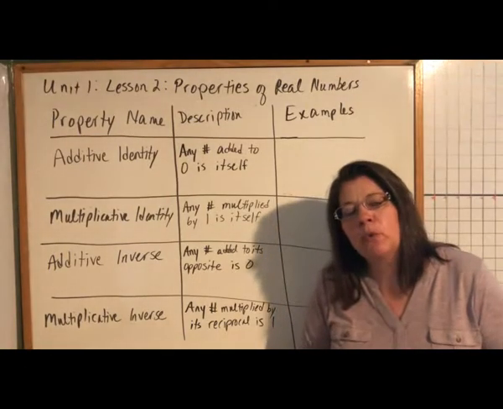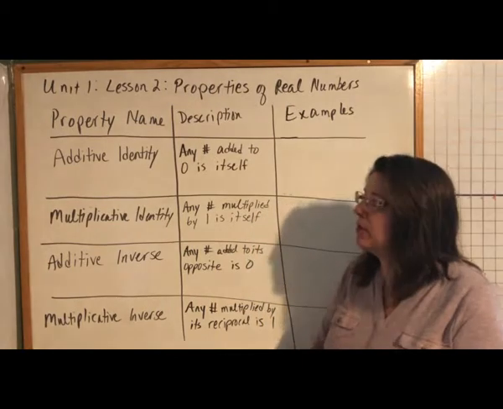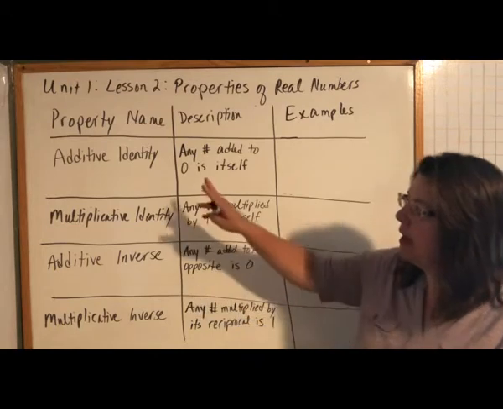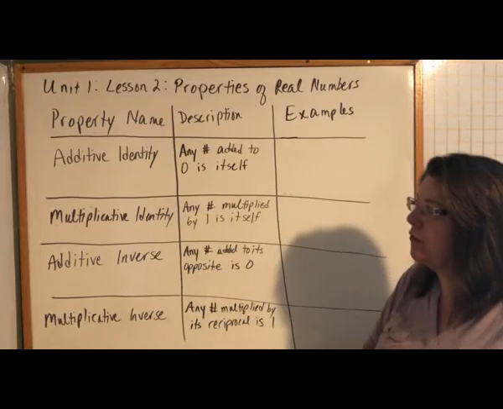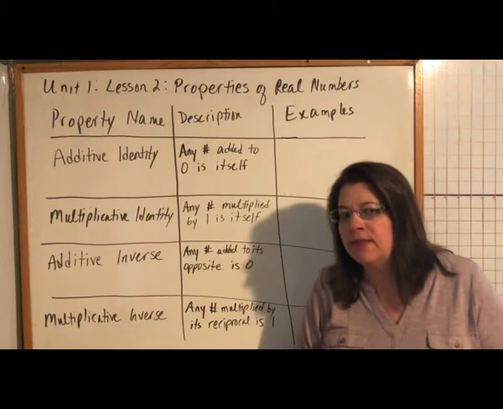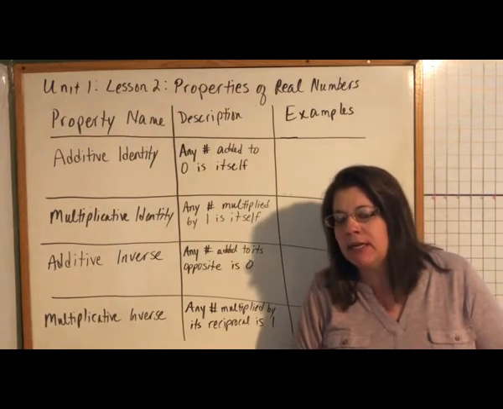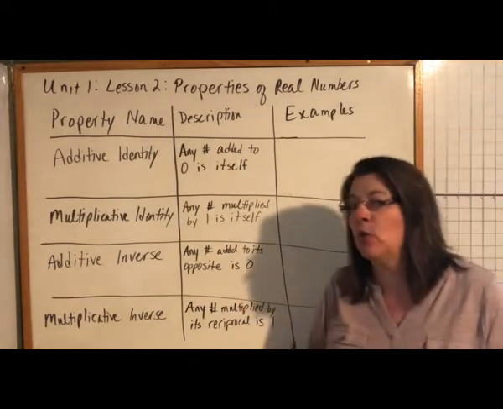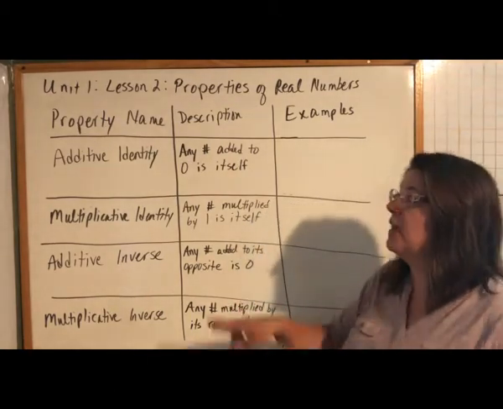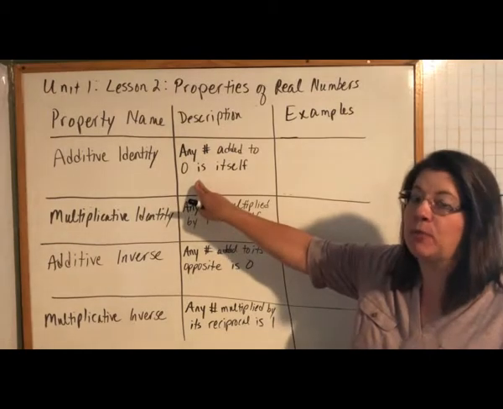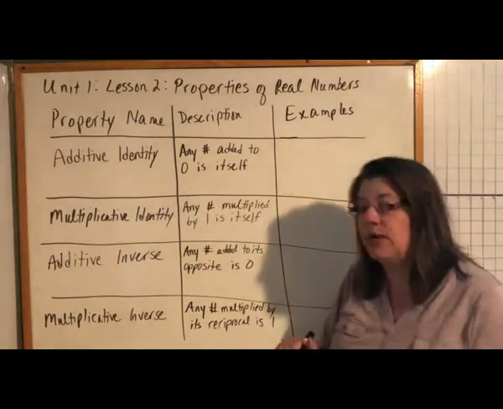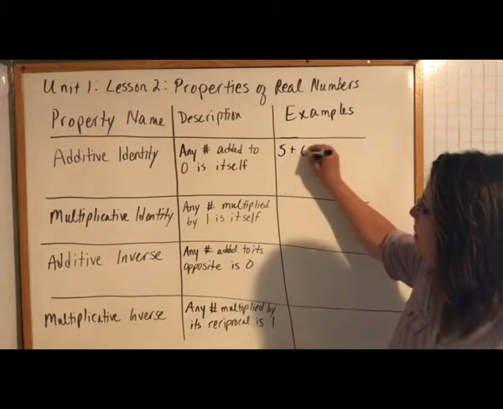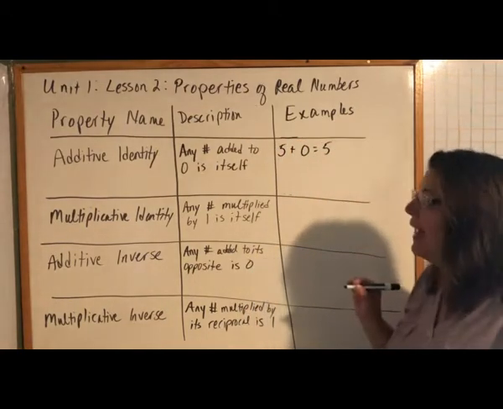Okay, to give you some quick descriptions of these properties, we're going to be doing 4 at a time. Additive identity is the first one. Earlier in the video, we said that the additive identity element is 0. Basically what that means is any number that we add to 0 is going to give us that number we started with. That's what the additive identity property states: any number added to 0 is itself. So we can have something as simple as 5 plus 0 equals 5.